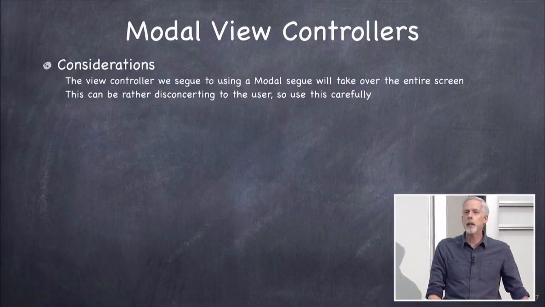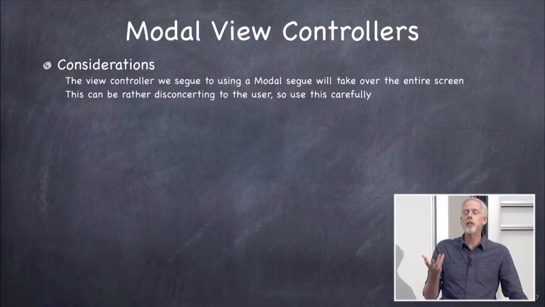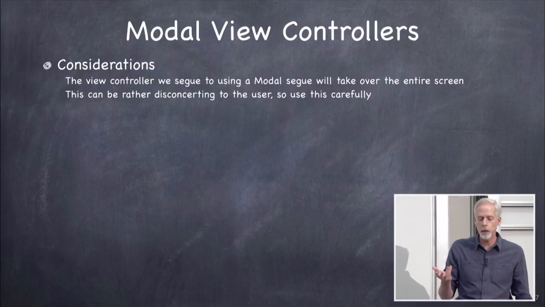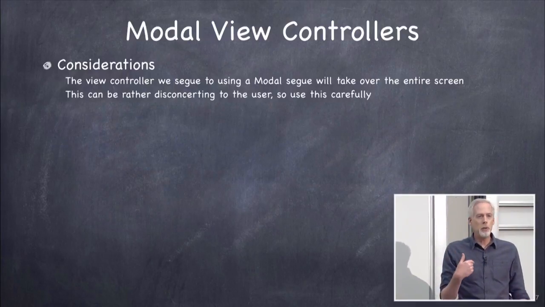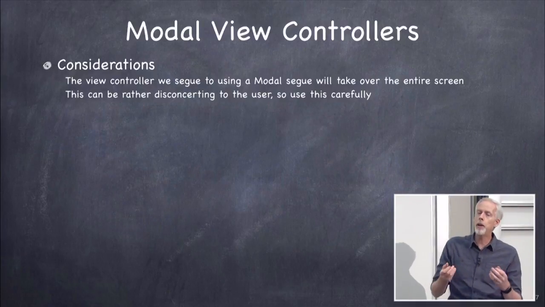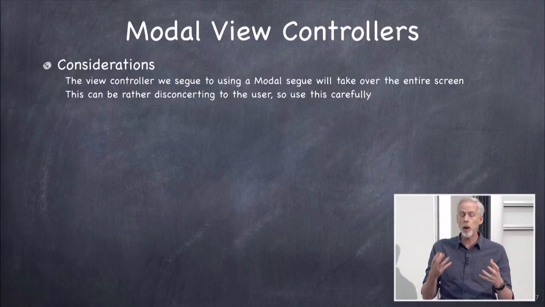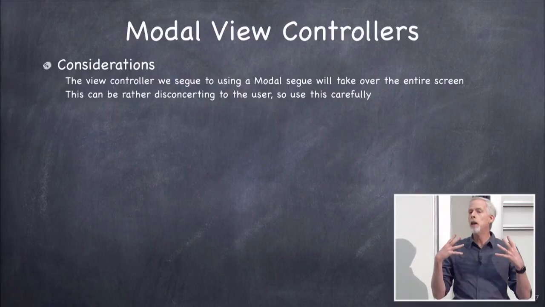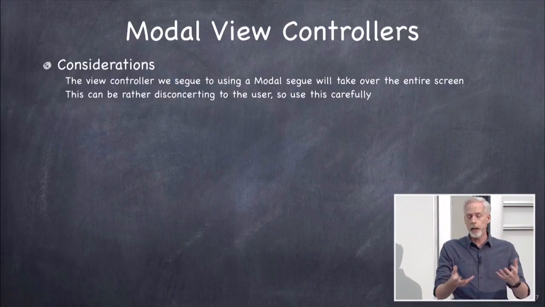Now, you've got to think a little bit about modal view controllers. They're so easy to put up that they can be abused a little bit. Users tend to be slightly disconcerted by modal MVCs, okay? Because they get comfortable with their app and they know where the tabs are and they know how to go backwards and forwards in navigation controllers. And then all of a sudden, all they can do is this one thing. Now, sometimes it makes perfect sense, like add contact.